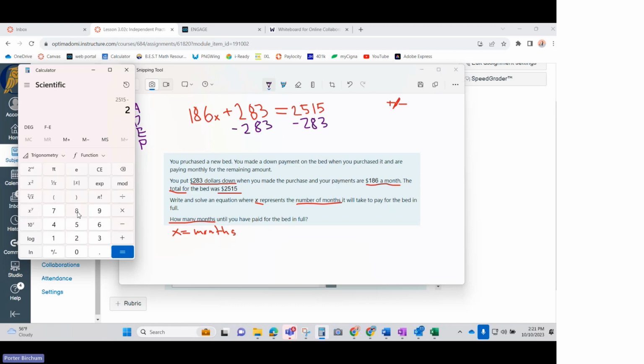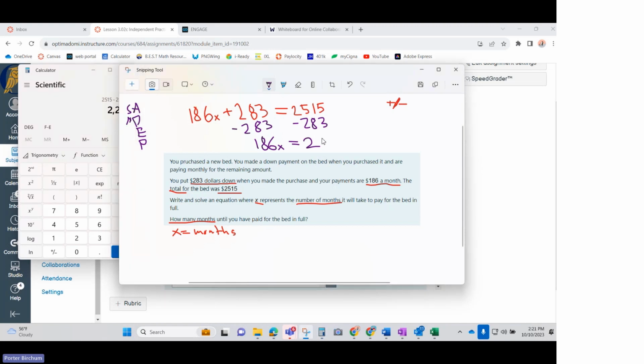2,515 minus 283 equals 2,232. So I have 186 times x, x is months, equals 2,232. Now this is a times by 186, so I'm going to divide by 186 on both sides, doing inverse operations.